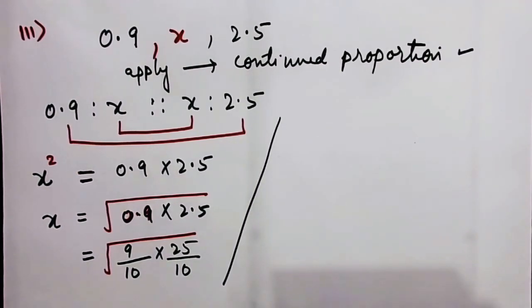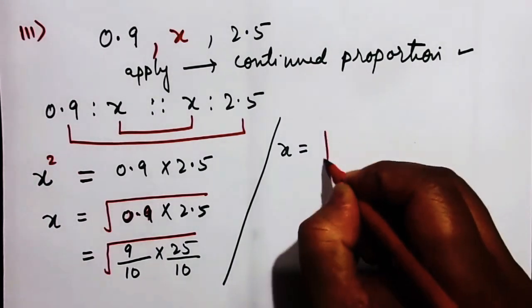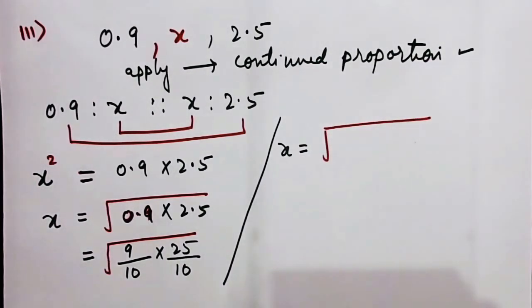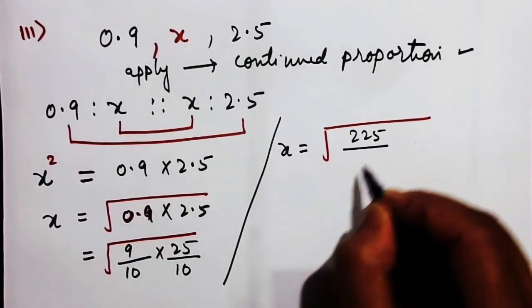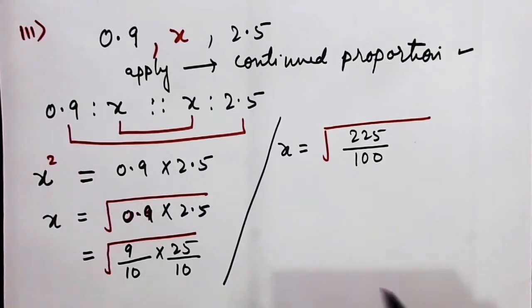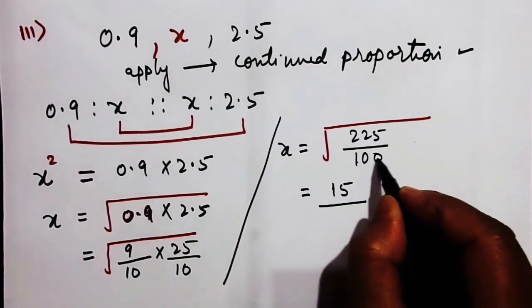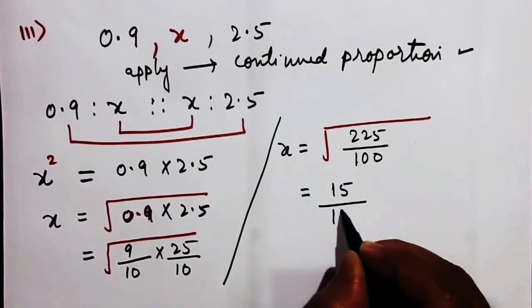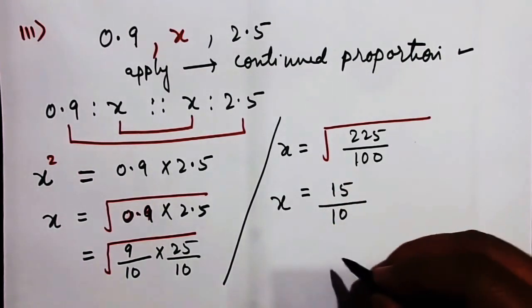So the value of x will be equal to square root of 9 times 25 by 100, which is 225 by 100. The square root of 225 is equal to 15, and the square root of 100 is equal to 10. So the value of x will be equal to 15 by 10.